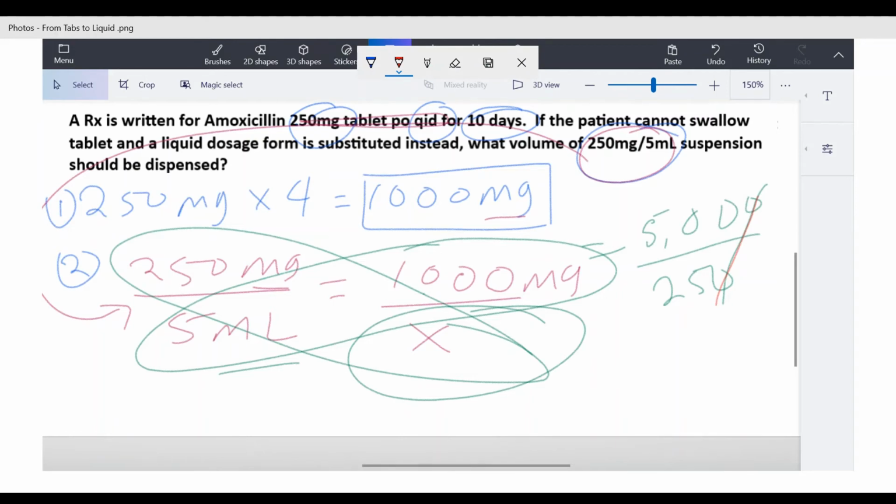If we divide 5,000 by 250 or 500 by 25, either way we end up with the same answer. 500 divided by 25 is 20. So X is 20 milliliters.